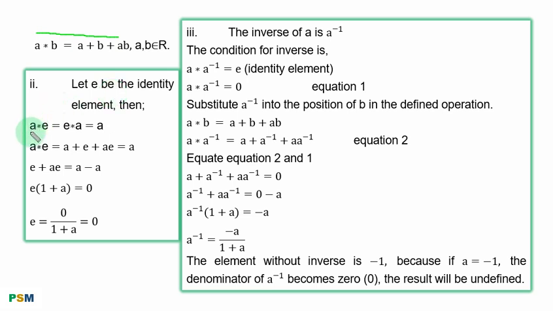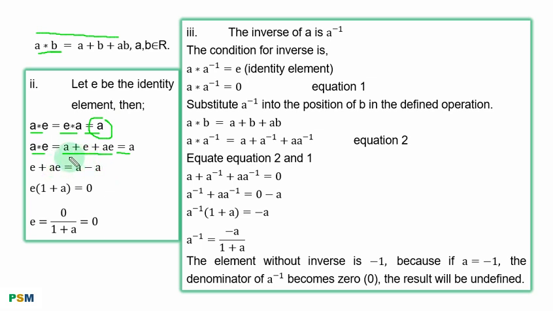Then A asterisk E is equal to E asterisk A and is equal to A. You take the first part. You simply come here and replace B with E. So you have A plus E plus AE. Then you equate it to the element A.